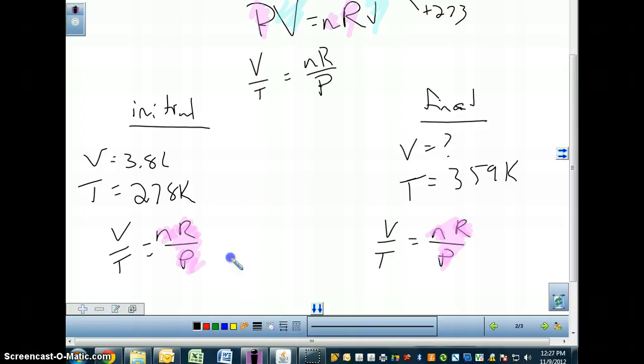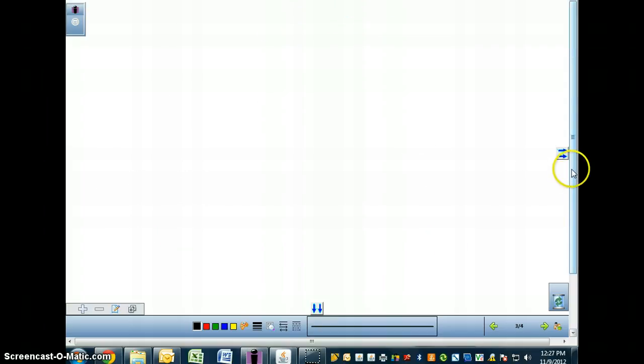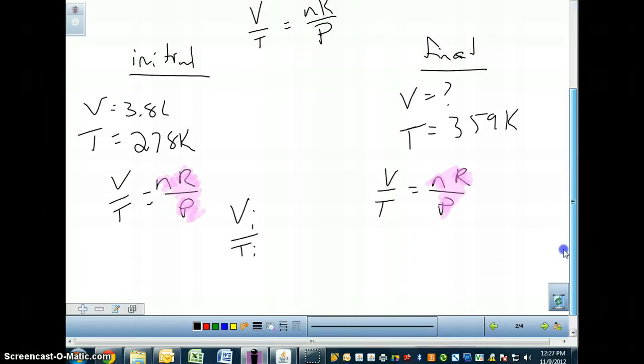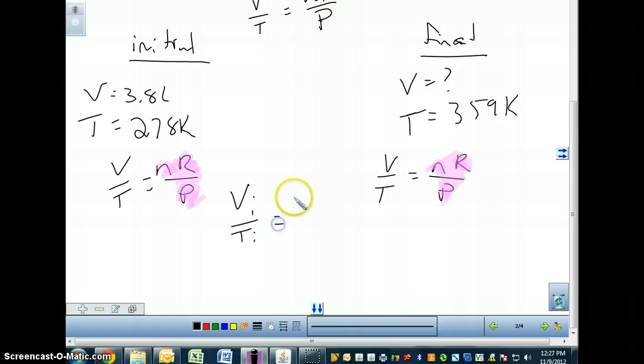Therefore, my V initial divided by T initial, excuse me while I scroll down a little bit, equals my V final over T final.